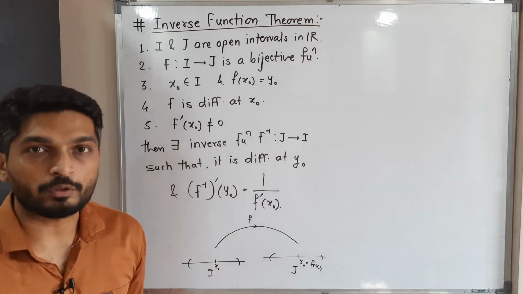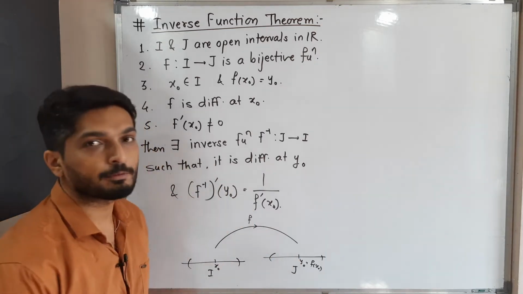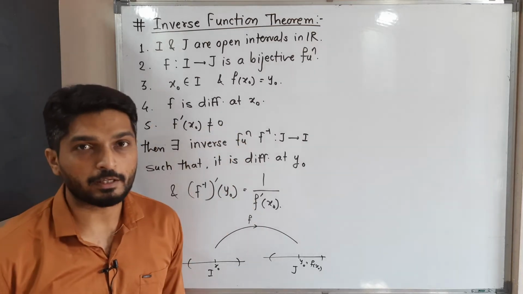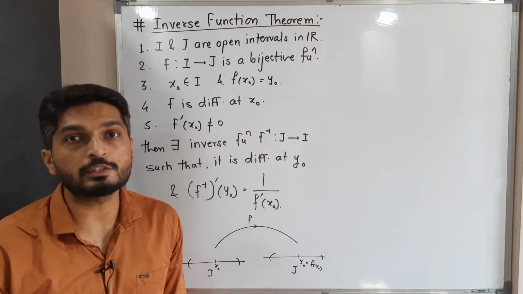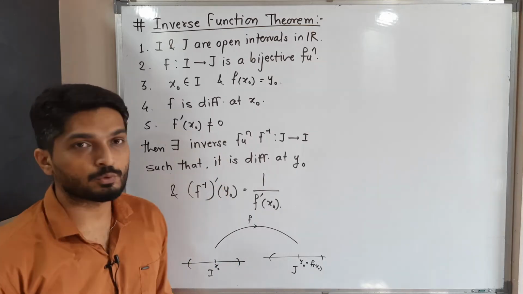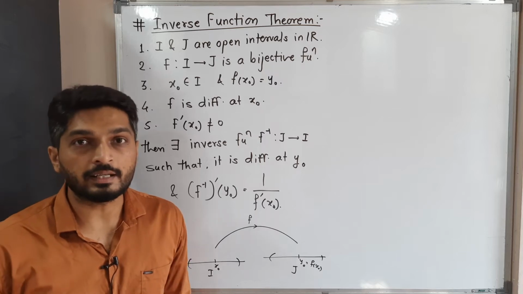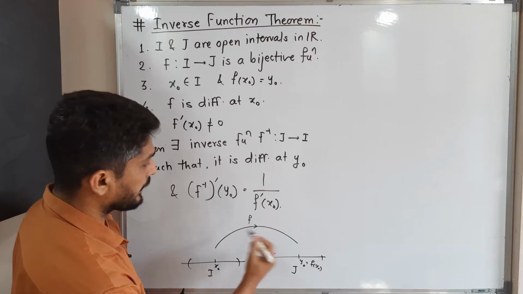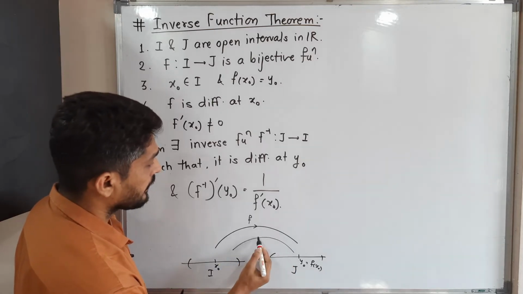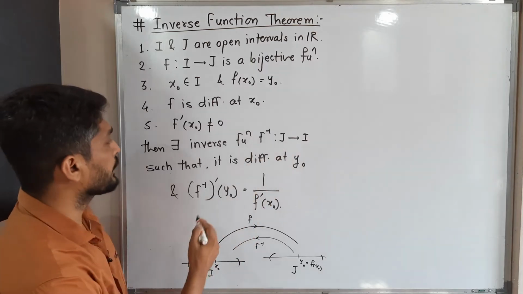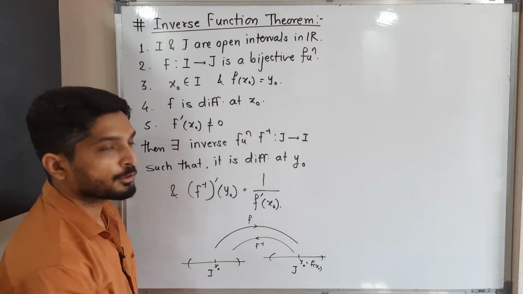The given important thing is function f is differentiable at x naught and its derivative is non-zero. f dash of x naught is not equal to 0. Then the theorem says there exists an inverse function f inverse, from J to I, such that it is differentiable at y naught.